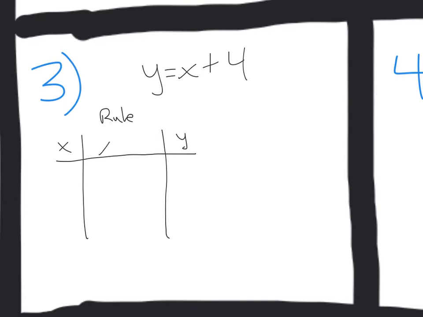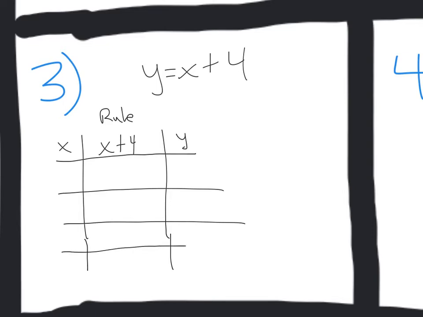So my rule here is x plus 4, and I pick really easy numbers for my x's. This is the part where you get to pick. I usually like to start out with 0, 1, and 2, and maybe 3.